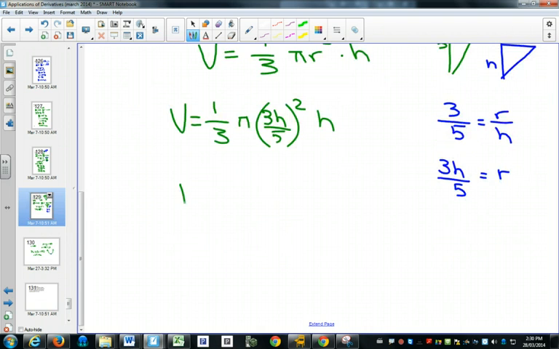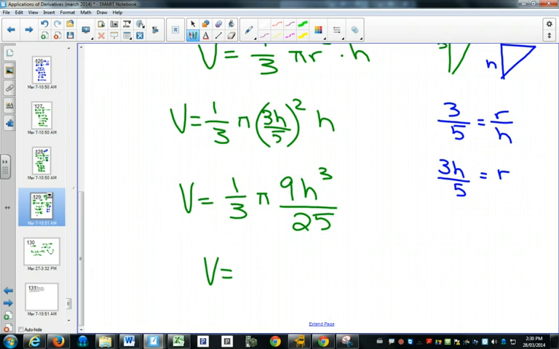So I just simplified it there. Multiplied the 1/3 times the 9/25 and got 3/25.